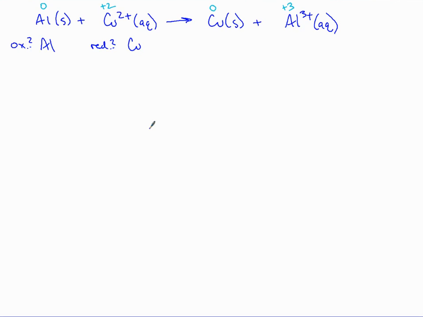Number 2, write the oxidation and reduction half reactions. So let's start with our oxidation. We're just going to break this in half. We're going to leave a little extra space. So oxidation, we said, was aluminum. We have solid aluminum becoming aluminum ions.